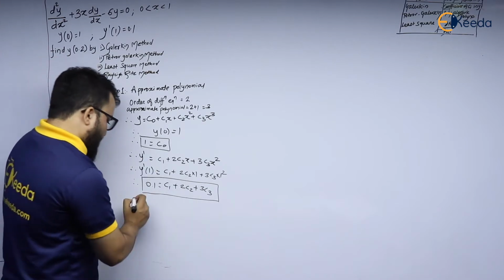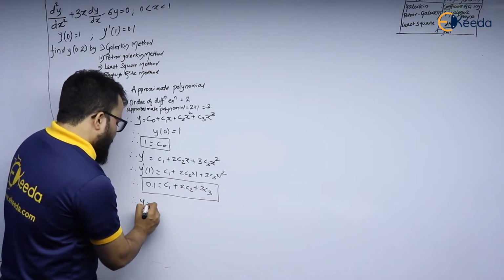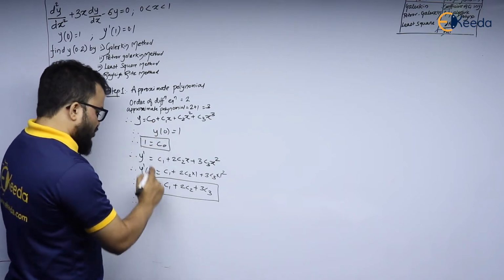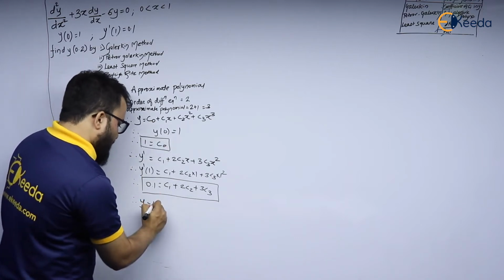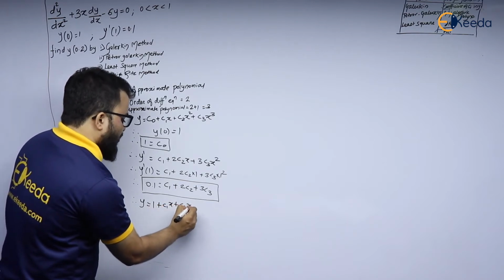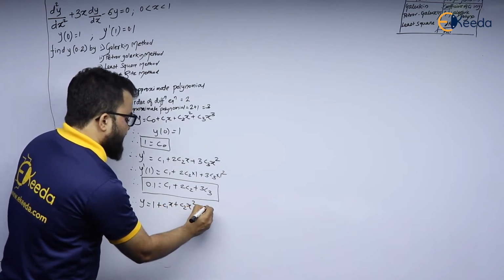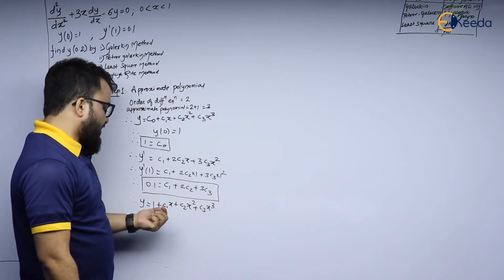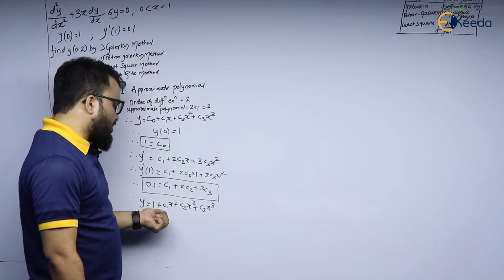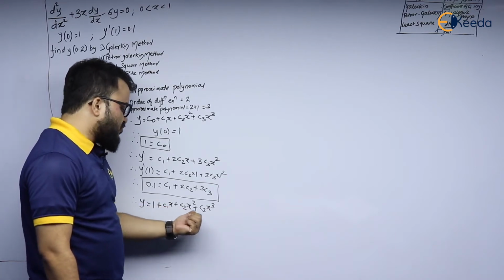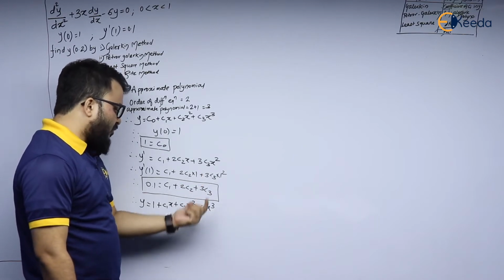So let's see what happened. Since c0 equals 1, y equals 1 plus c1x plus c2x square plus c3x cube. After putting c0 equals 1, I get three parameters c1, c2 and c3, but we want 2 parameters.